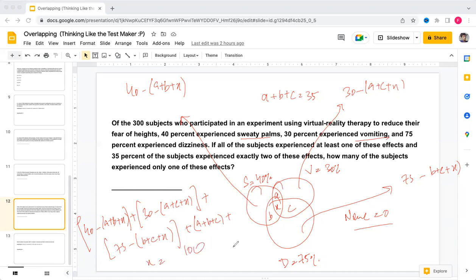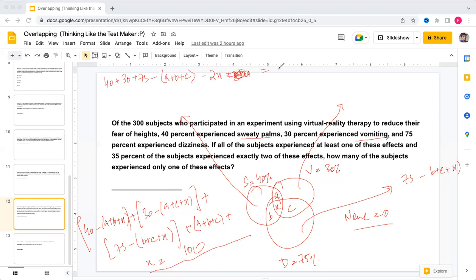So now if you proceed further, let's solve this here. You will get that this is 40 plus 30 plus 75 minus (A plus B plus C), this is the last form, minus 2X, plus neither, which is already equal to 0, equal to 100.